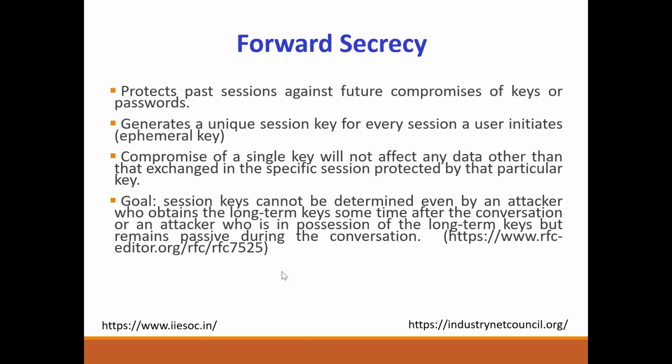So the best practice is to generate a unique session key every time, and that really means both a unique asymmetric and symmetric key. The signature keys are not necessarily seen as having to be ephemeral every time.